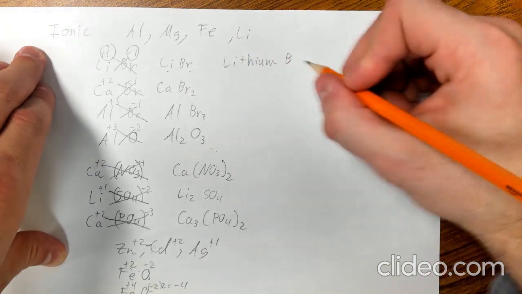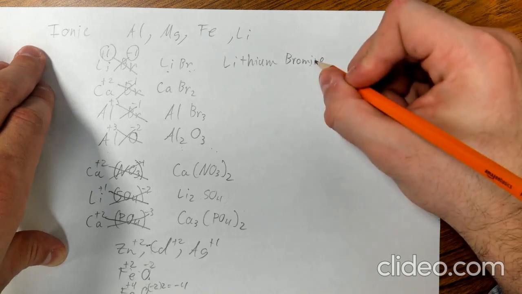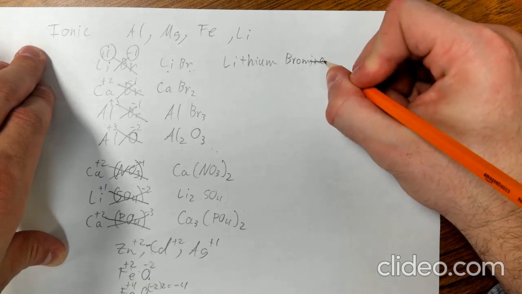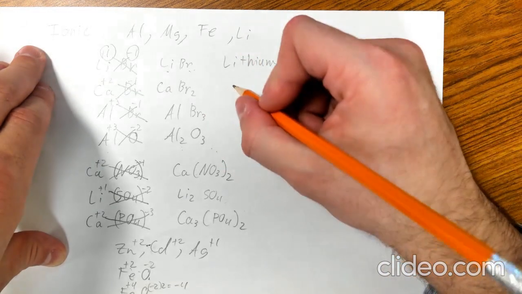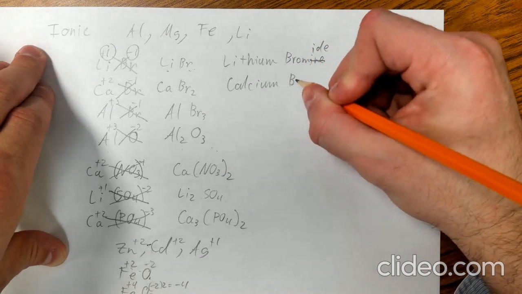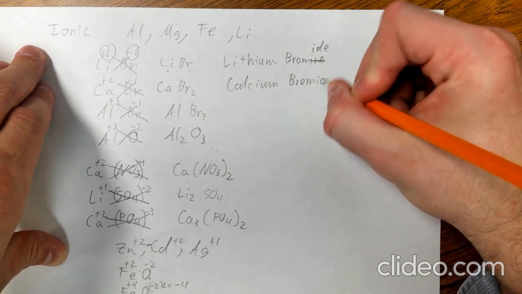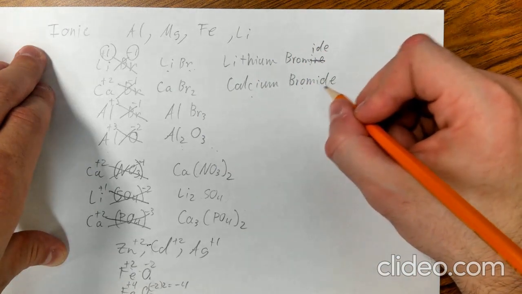That's bromine, right? And all I'm doing is this ending I'm taking off, and I'm replacing it with "ide." Same thing down here. I have calcium bromide. So it's just always the metal, and then the second word ending in "ide."